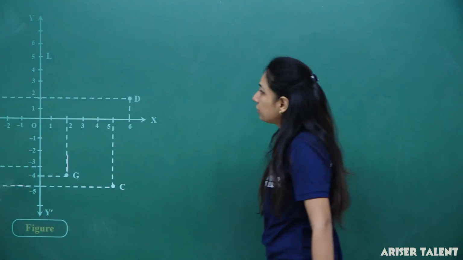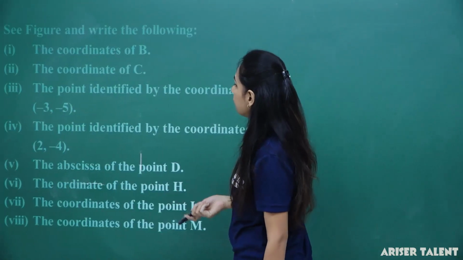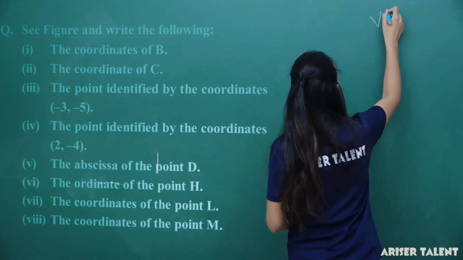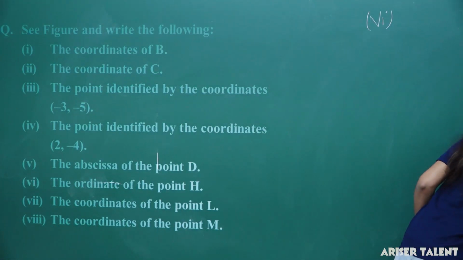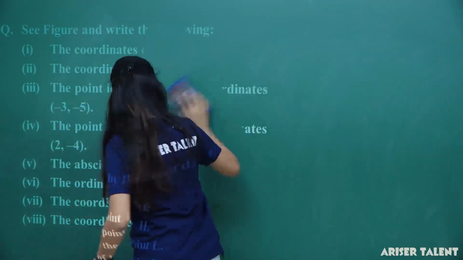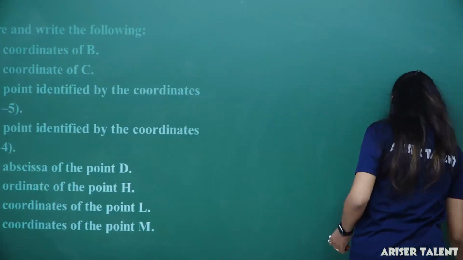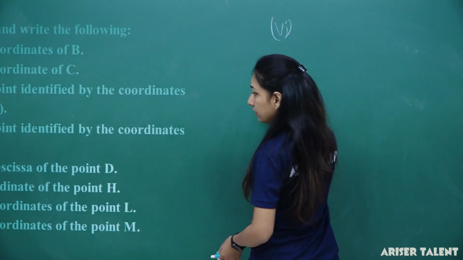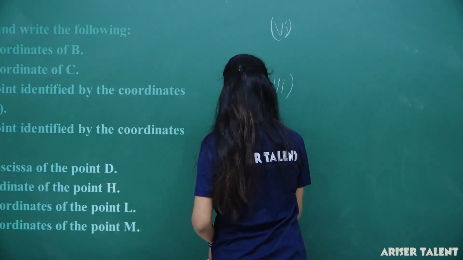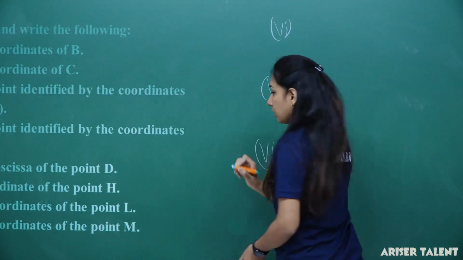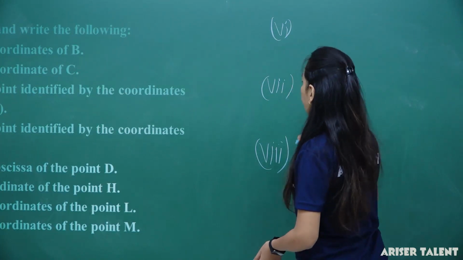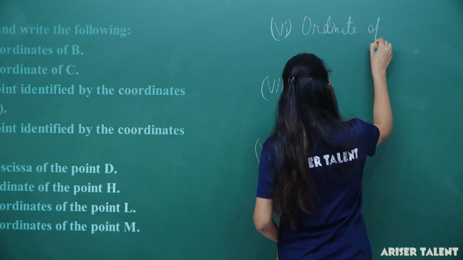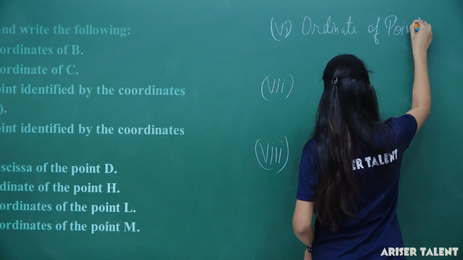Now, the next part of this question is the 6th, 7th and 8th. Now, the 6th one is the ordinate of point H. These are very small conceptual questions.